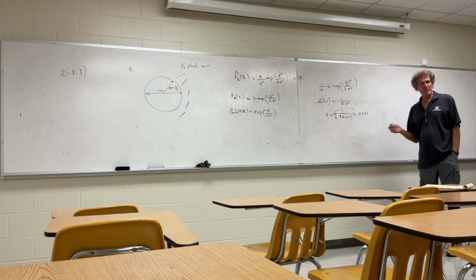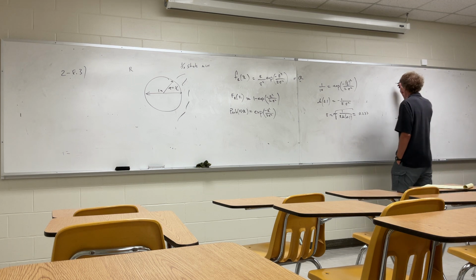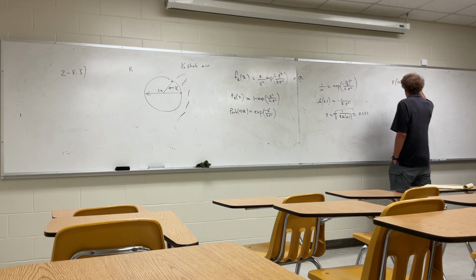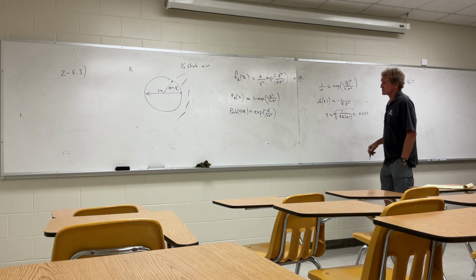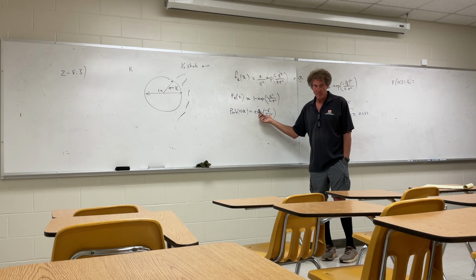he wants to know the probability that the strike is from 0 to, is it 1/10 of a meter or 1? Is it 1/10? Yes. Okay, so now he wants the probability that the strike is between 0 and 1/10, and that's the cumulative distribution function here, right? Does everybody understand what I'm doing?